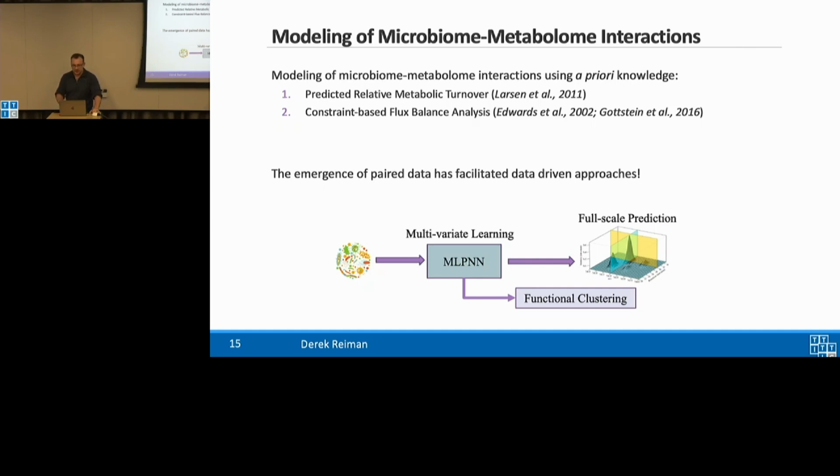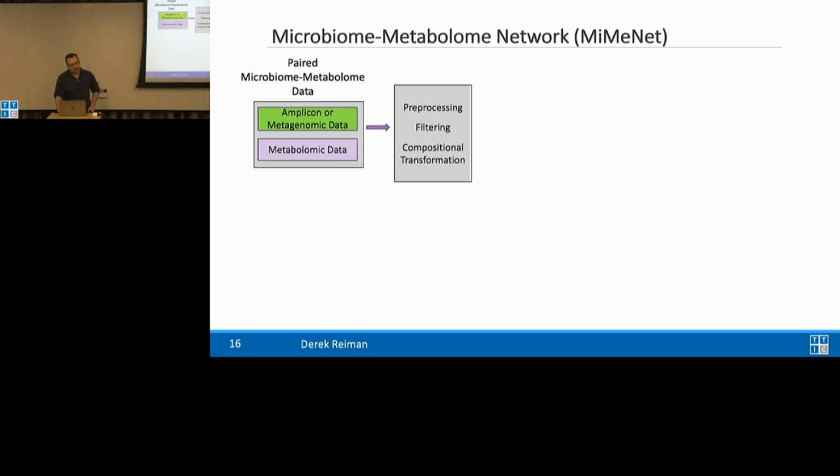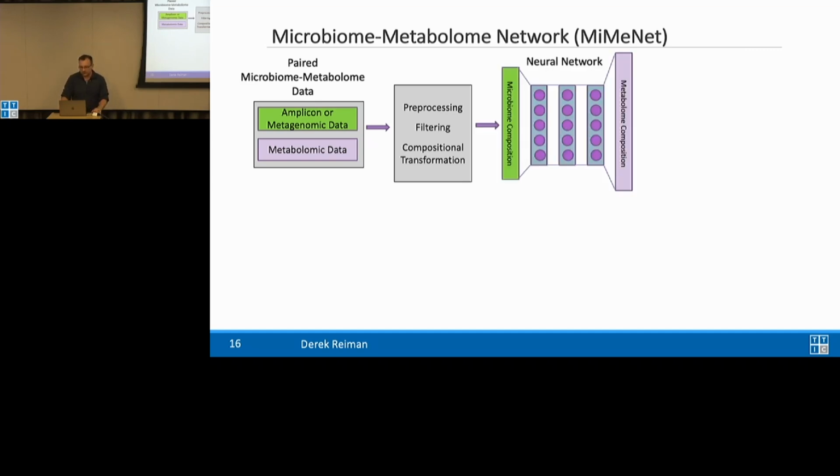So this is a general sketch of a model that we developed back in 2020 called MIMEnet. MIMEnet was one of the first data-driven approaches for exploring these host microbiome interactions at the metabolic level. It requires paired data, which was being generated at the time and continues to be generated. You do some standard pre-processing, filtering, and compositional transformation.